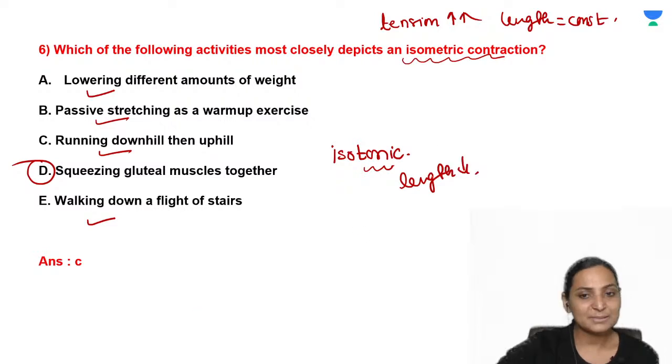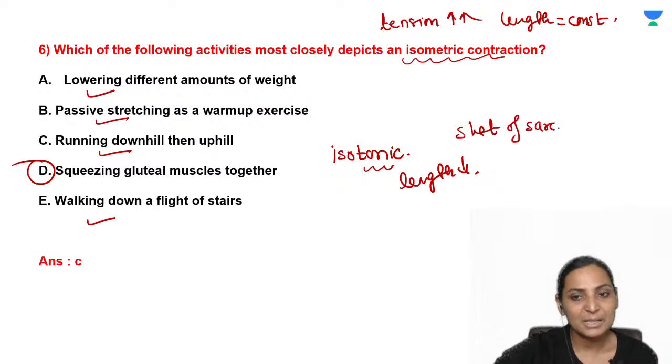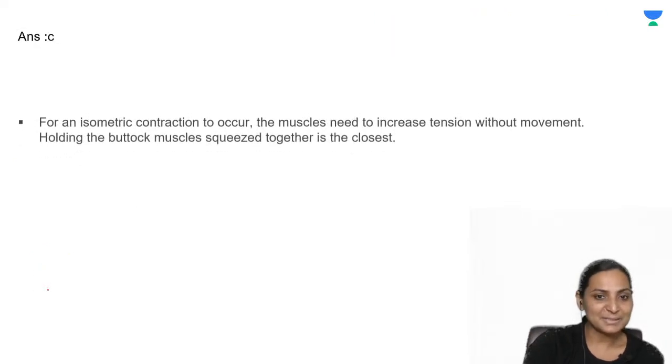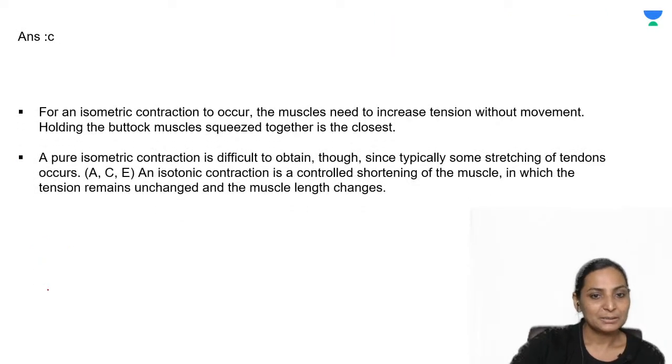The length of the muscle is decreasing because there is shortening of the sarcomere, and as the individual sarcomere shortens, there is going to be shortening of the muscle itself. So the muscles need to increase tension without movement, and this is done when you are holding the buttock muscles tightly. Remember that this is especially what we call the length tension relationship.